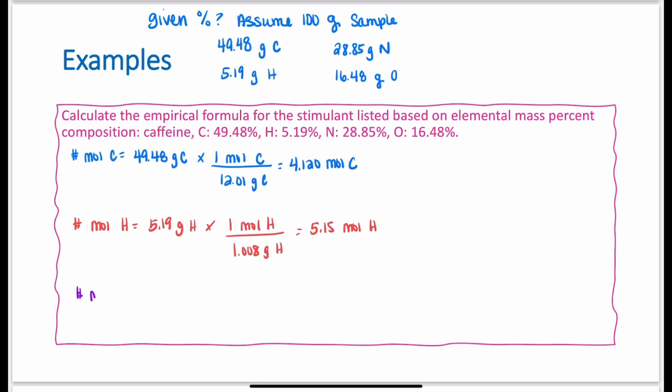Number of moles of nitrogen, 28.85 grams of nitrogen. 1 mole of nitrogen weighs 14.01 grams. And this gives me a numerical value of 2.059 moles of nitrogen.